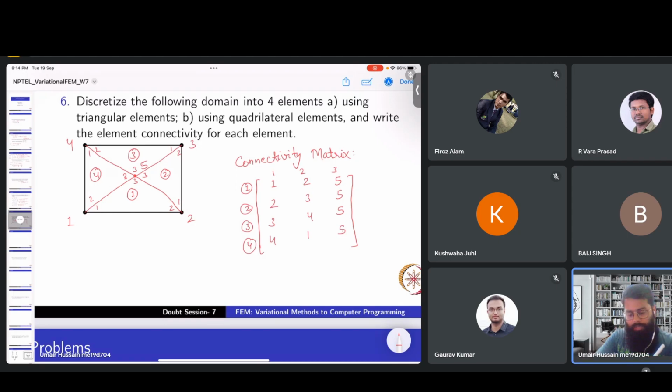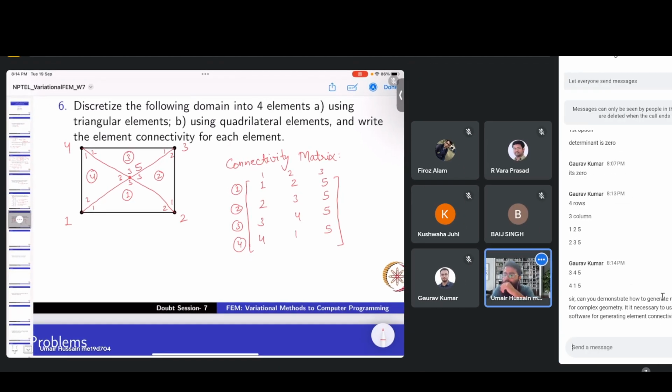Okay. By the way, a question on how to generate a mesh file for complex geometry. Is it necessary to use Gmsh software for generating the element connectivity matrix? Yeah, that is actually right.